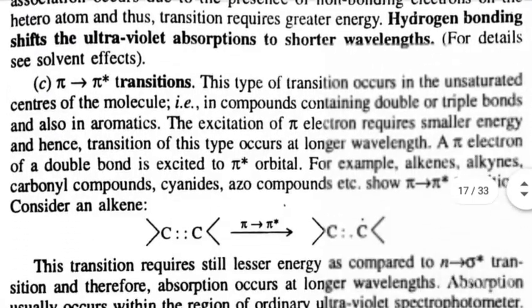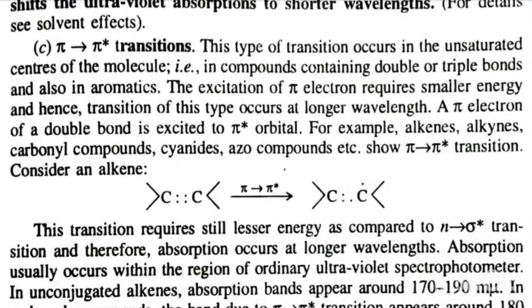And the third type of transition is pi to pi star transition. In the pi to pi star transition, there should be a double bond between two carbon atoms. Normally, the first bond created between two atoms is definitely a sigma bond. The second bond happens to be a pi bond, because the second bond is created by the lateral overlapping of the two electrons from the two atoms.